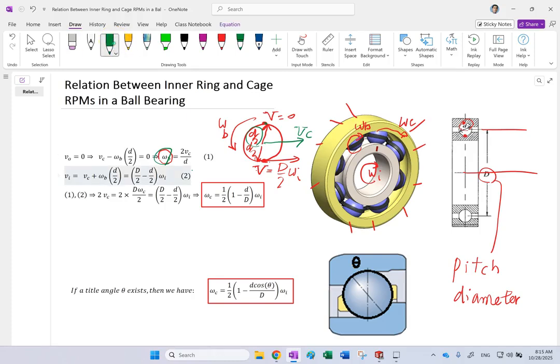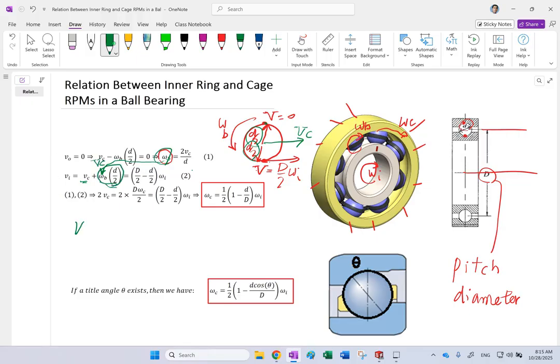Then velocity of the inner point is going to be velocity of the cage plus the distance times omega. And this V of the C and omega of the B that you have first, you're going to replace this omega of the B into this formula here. If you do that, this whole thing will become a VC.